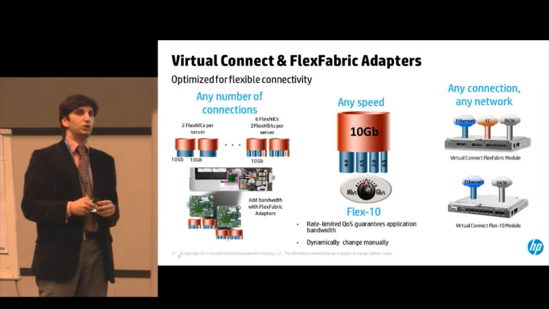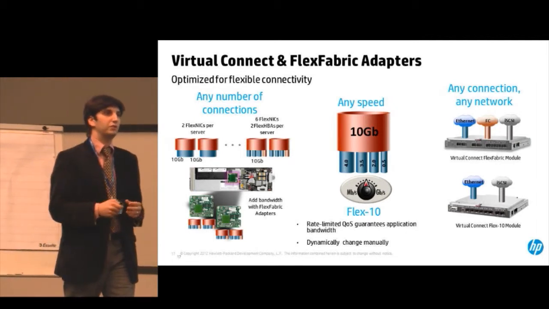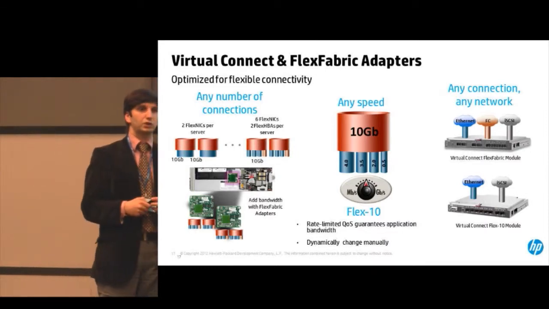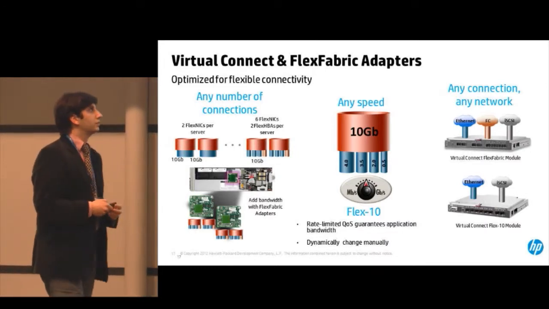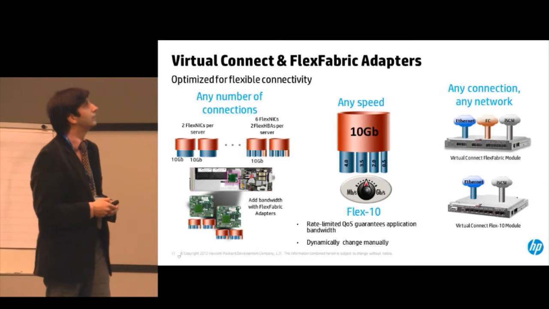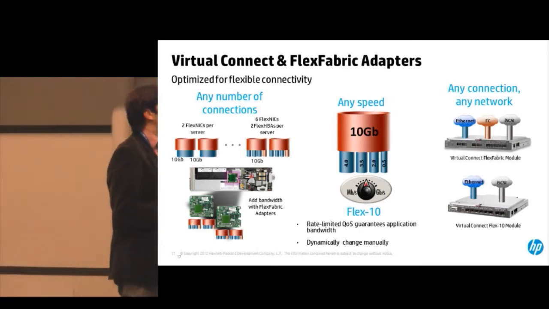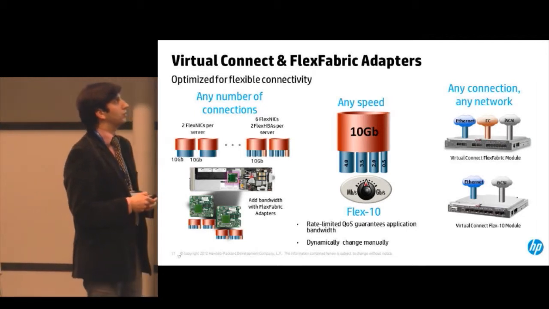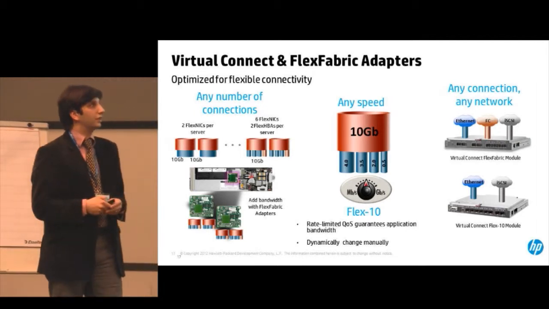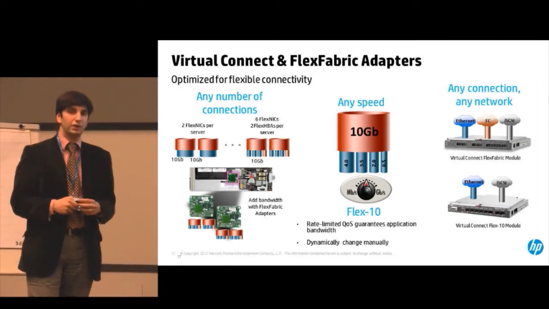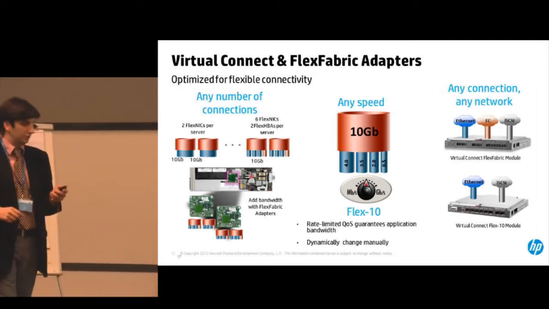Well, you start with the initial configuration and you can adjust these bandwidths when you see how your applications and your infrastructure behave. And then you go with your uplink connections going out to your Ethernet, Fibre Channel, and iSCSI networks. All with just 2 modules and the standard integrated network ports on your blade servers.